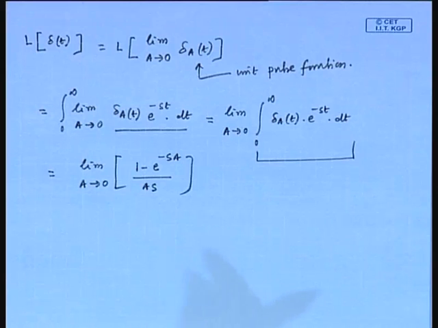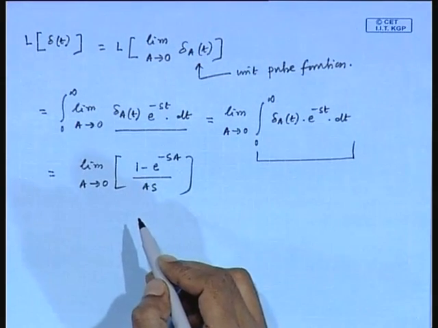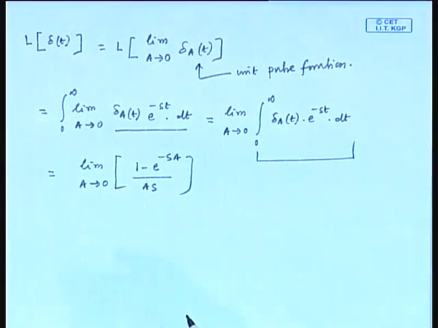We have basically considered the time duration B in the previous example, but in this example we are considering A. So you just replace B by A, and in the discussion of the unit pulse function, we considered the magnitude to be A. Here we are considering 1 by A. We derived the Laplace transform of the pulse function, that is A by S times (1 minus e to the power minus Bs).